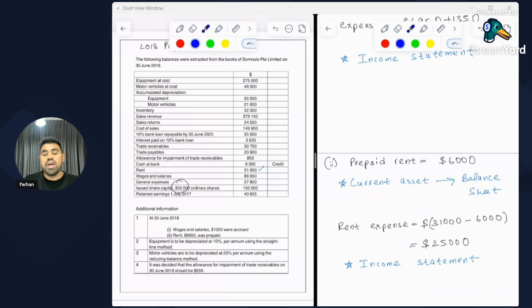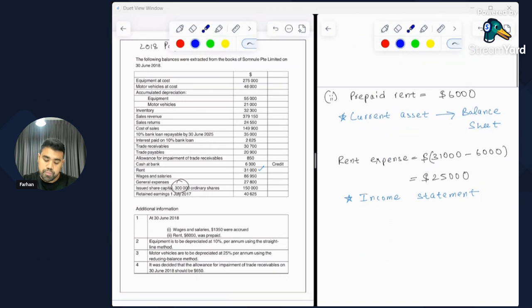The prepaid rent relates to a new different financial year, right? So when we are preparing the income statement for the year ending 30 June 2018, the total rent expense will be $31,000, which is the amount that we have taken from the trial balance, minus the $6,000 in prepayment, because this is not an expense yet, it's a current asset. And altogether, the rent expense is $25,000, which is what we're reporting in the income statement. All right. Now, let's look into point number 2.